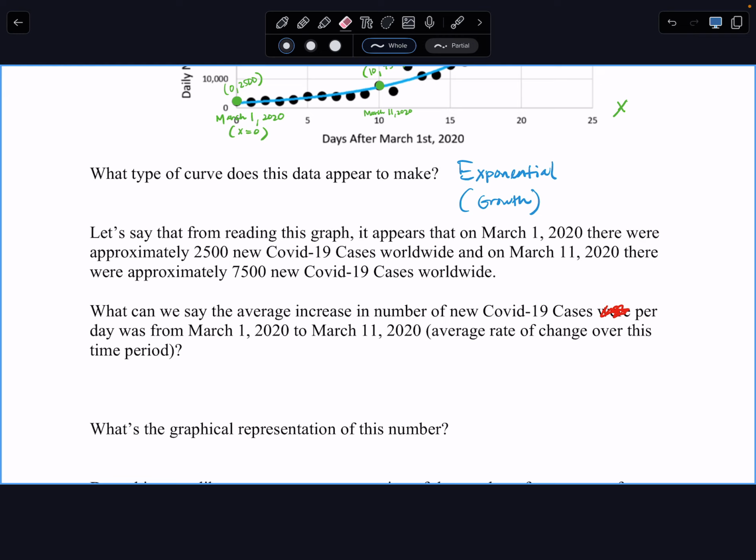Okay, so what do we do now? Plugging it into a function.